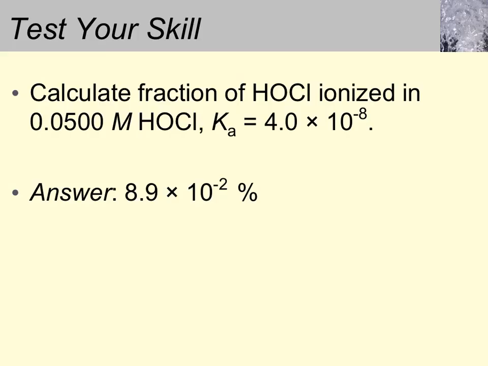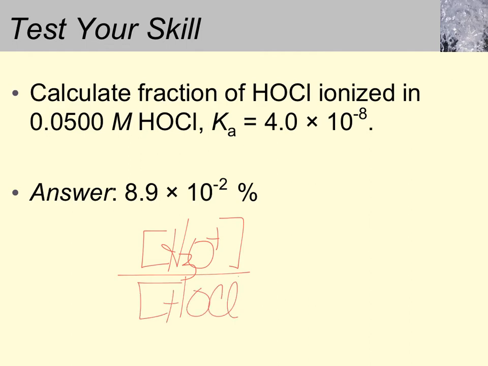And so now remember what we're solving for, though. We're solving for the percent ionization. Oops. Which is the concentration of hydronium ion over the original concentration of the acid times 100. All right, so we just found out the concentration of hydronium ion is 4.5 times 10 to the minus 4.